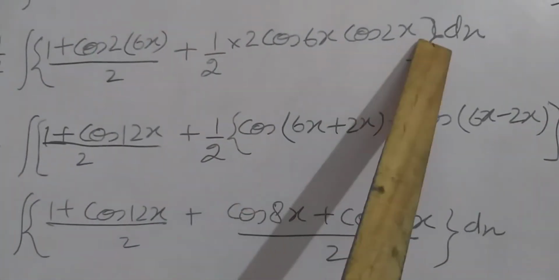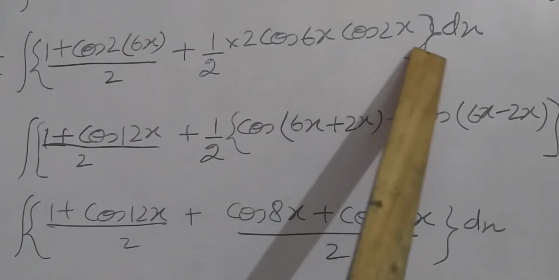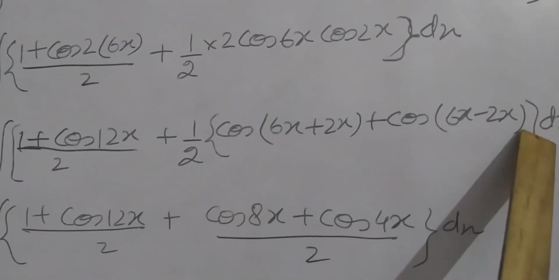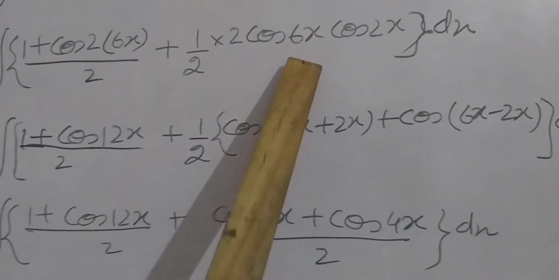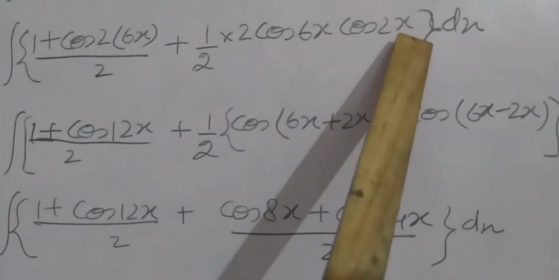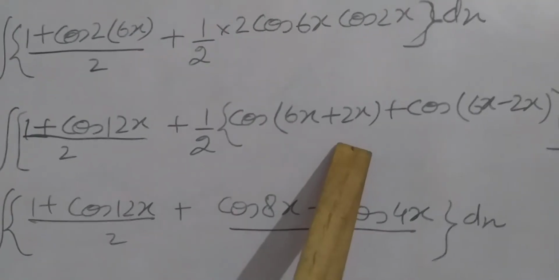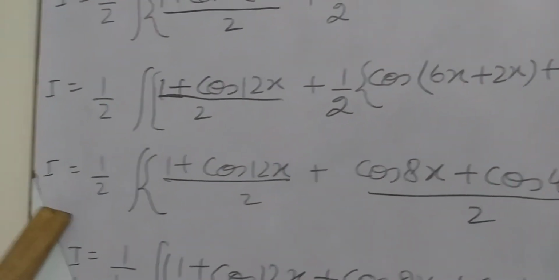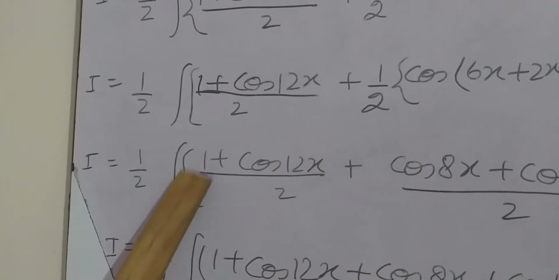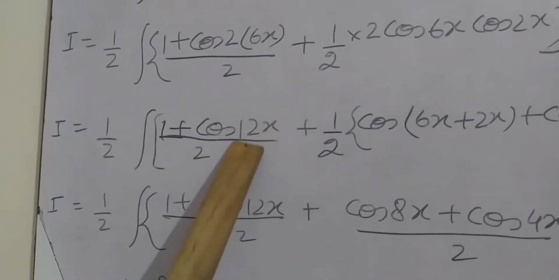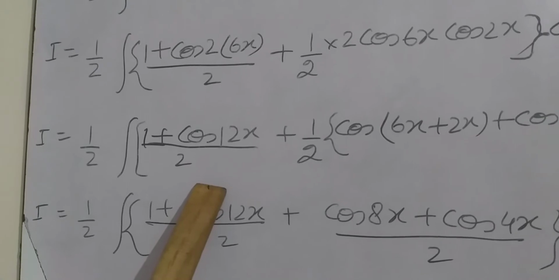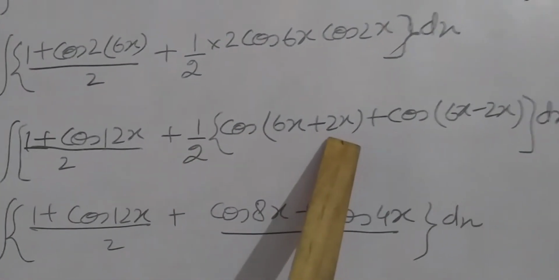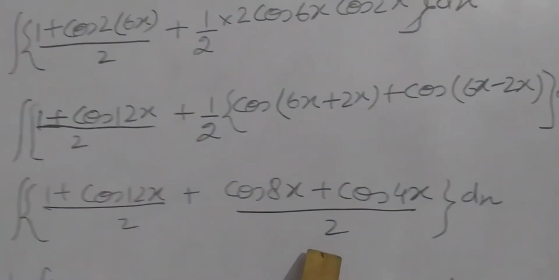Again we are going to apply the formula 2 cos A cos B, cos(A+B) plus cos(A-B). At the place of A we write 6x, and at the place of B we write 2x. Correct? So I equals 1 upon 2, 1 plus cos 12x upon 2, plus cos 8x plus cos 4x upon 2.